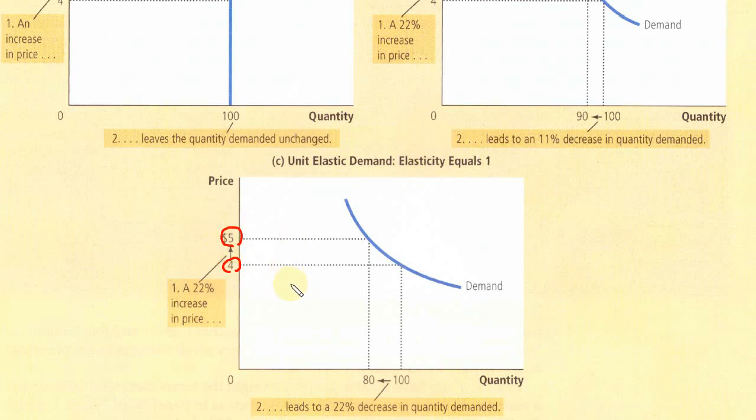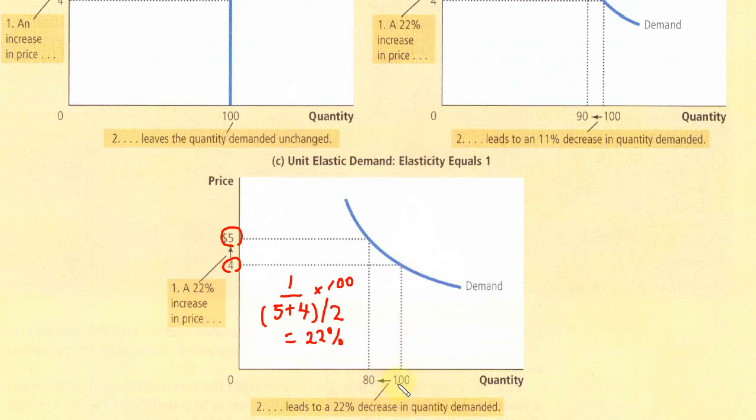Then, according to the formula, this is a $1 variation, and the midpoint should be calculated and divided by 2, right? We have calculated this earlier: 100 and this is 2200, the elasticity.